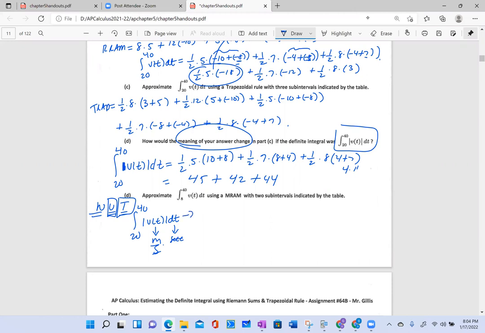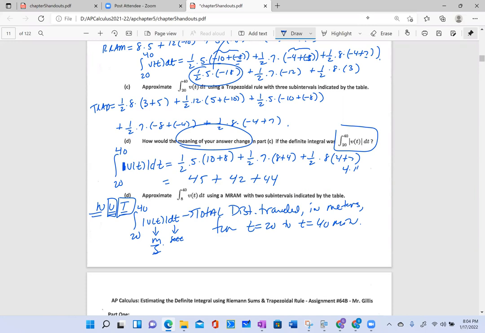Thus, this represents the total distance traveled in meters from t equals 20 to t equals 40. Okay, so it's the total distance traveled.